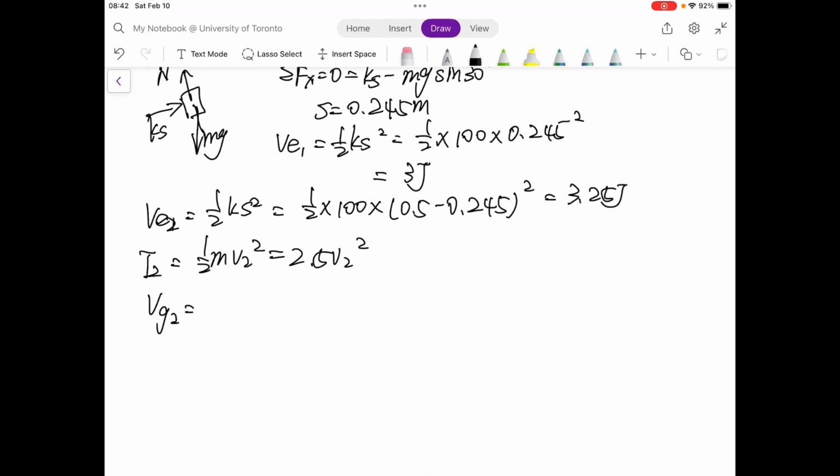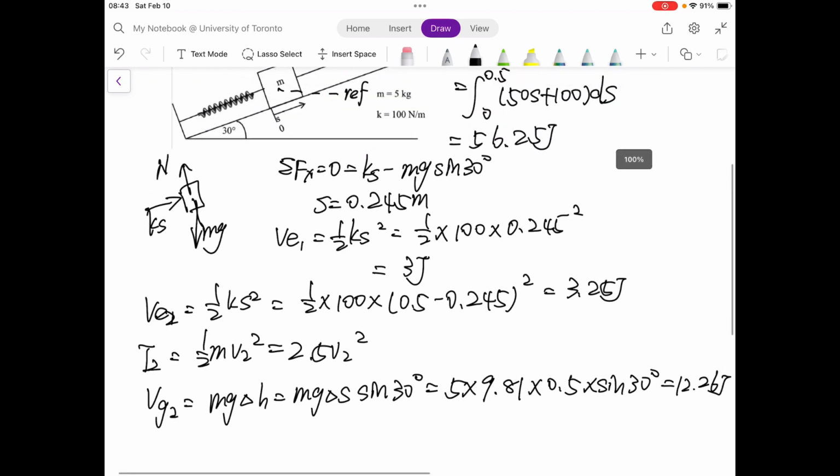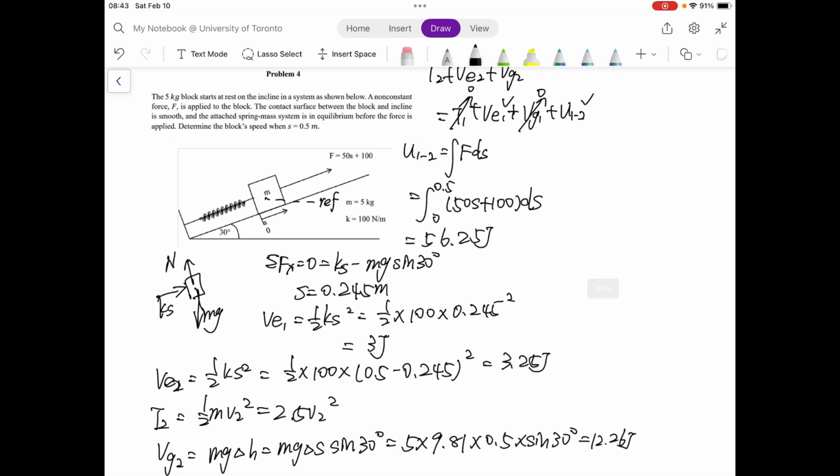So we have Vg2. Vg2 is equal to mg delta h, equal to mg delta s sine 30 degrees, which is equal to 5 times 9.81 times 0.5 times sine 30 degrees, which is equal to 12.26. So we can put all these parameters into our equation.